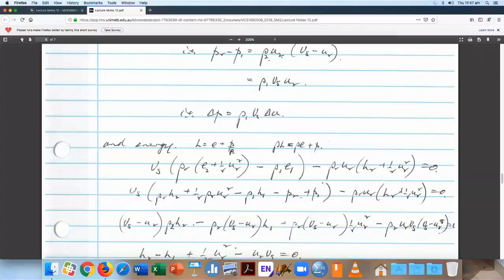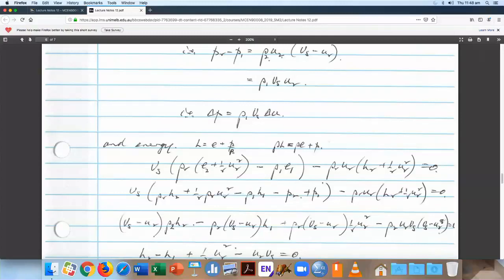So if I multiply this by rho, I have rho H is equal to rho E plus P. So rho E is rho H minus P. So I could write this rho 2 E2 is rho 2 H2 minus P2. And similarly, this rho 1 E1 will be minus rho 1 H1 plus P1.